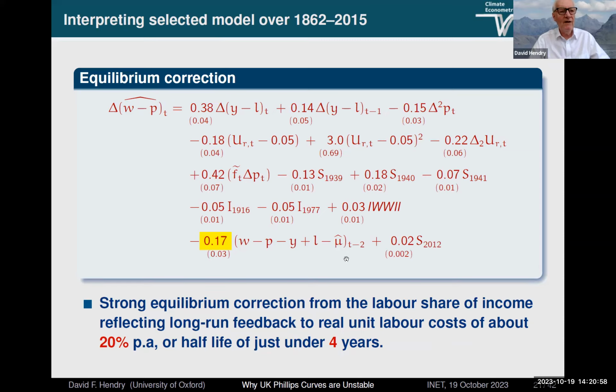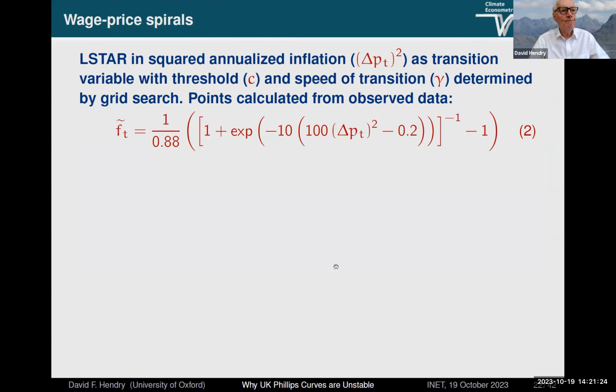This is kind of Sargan-like, in which if workers' share of national income falls, then that'll lead to an increase in the rate of inflation of real wages. And if it rises, the converse. So this is the long-run equilibrium correction feedback, and it's got a half-life of about 4 years. So again, pretty rapid adjustment of real wages to what's going on in the economy.